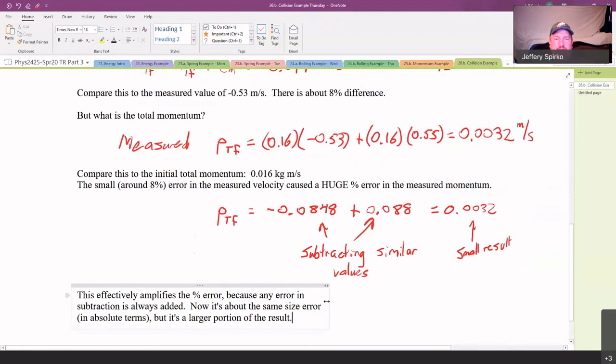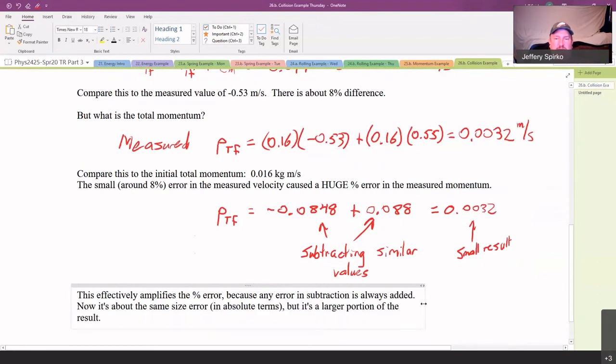And now that we've subtracted these things, we have about the same absolute error in our result. I mean, it's twice as big because we had two things with error, but when you calculate the percent error at the end, it's a larger portion of the result.